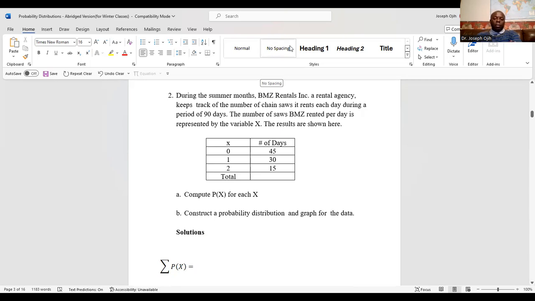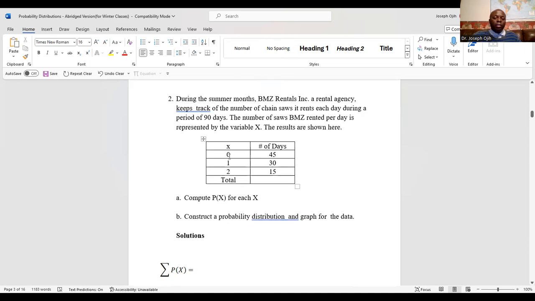The number of chainsaws BMZ rented per day is represented by the variable X. The results are shown here. You can see the number of days they didn't rent a saw: 45 days. One saw rented out in 30 days, and so on and so forth.